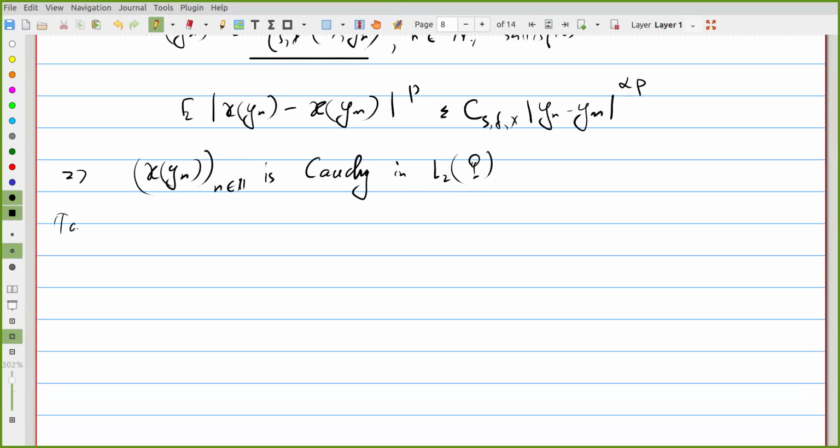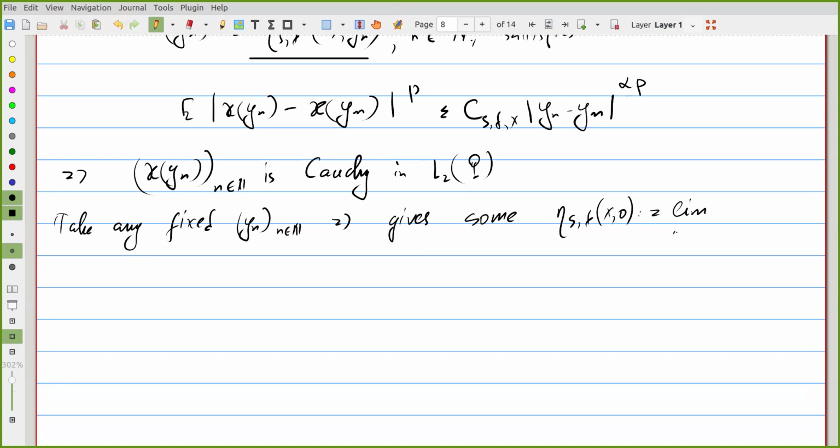Now, take any, say, fixed. This gives some values like our two limits.